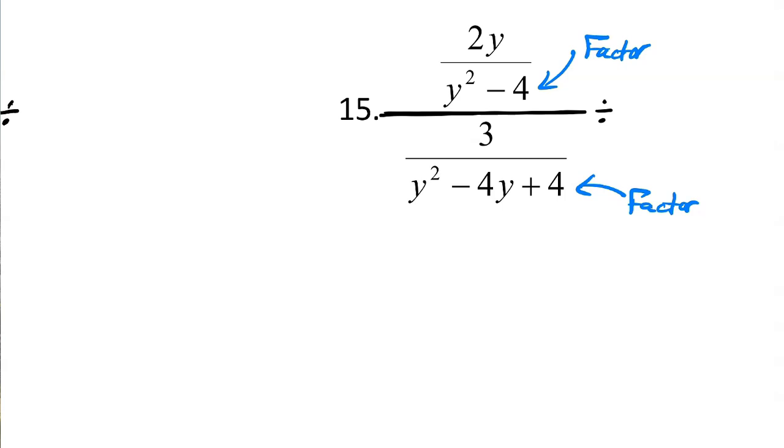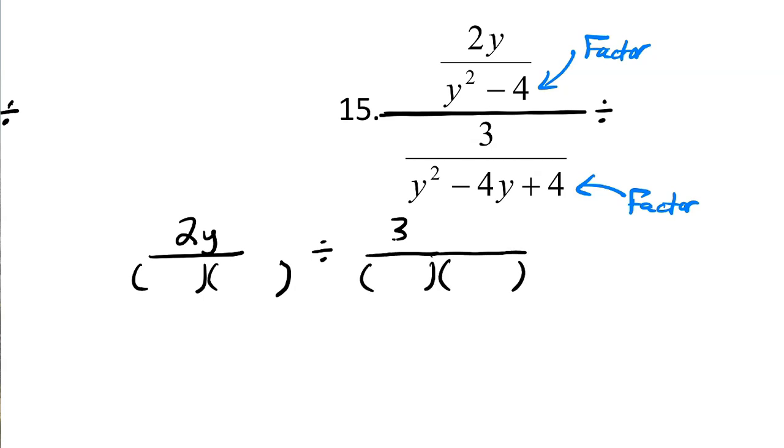So let's rewrite it as 2y over, need to factor that first one, divided by 3 over, and then we need to factor that next one. There we go. So y squared minus 4, that would be y minus 2 times y plus 2.